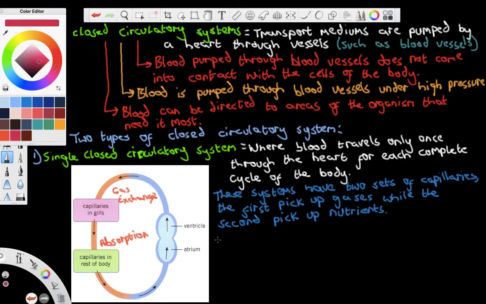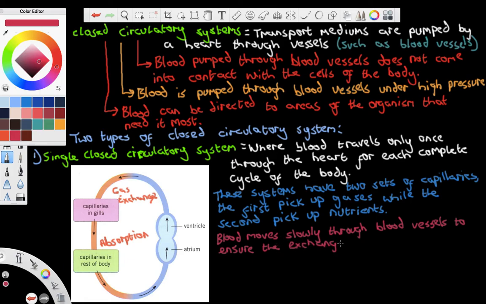So we can say, this isn't red by the way, that blood moves slowly through blood vessels to ensure the exchange between blood and cells takes place.